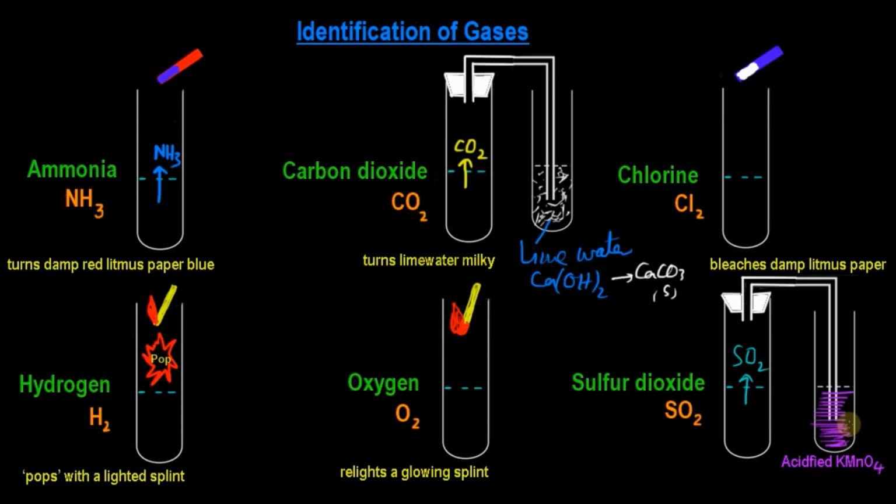When sulfur dioxide gas is passed through it, the purple color of potassium manganate 7 is decolorized. This happens in this case. So we can say that sulfur dioxide turns acidified potassium manganate 7 from purple to colorless.